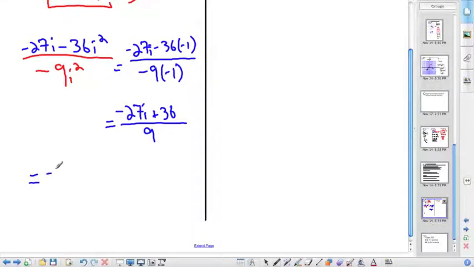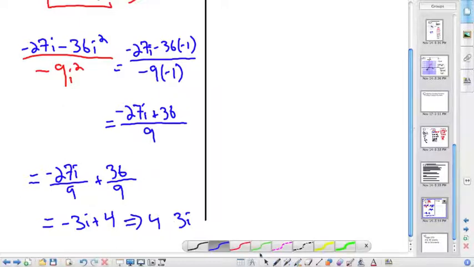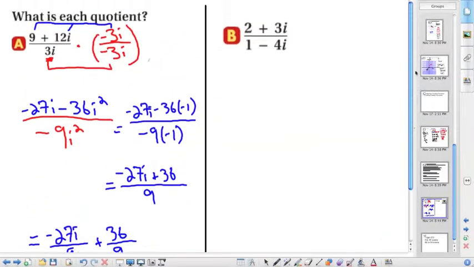So you have negative 27i over 9 plus 36 over 9. Reduce even further, you get negative 3i plus 4, but it cannot be in bi plus a form. Rewrite it as 4 minus 3i. And let me make my correction. It's 4 minus 3i.